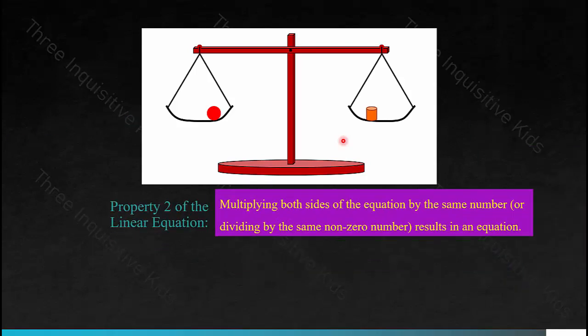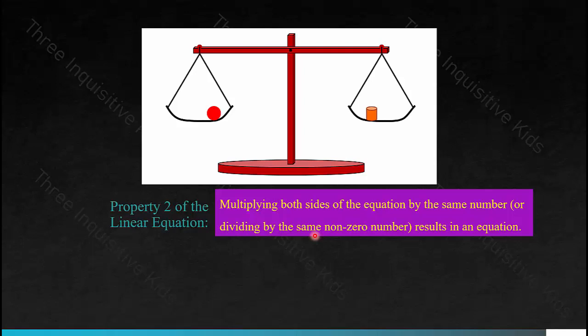So property 2 of the linear equation is multiplying both sides of the equation by the same number, or dividing by the same non-zero number, results in an equation. Remember, always be sure to write dividing by the same non-zero number. In mathematics, the language is all about being precise.